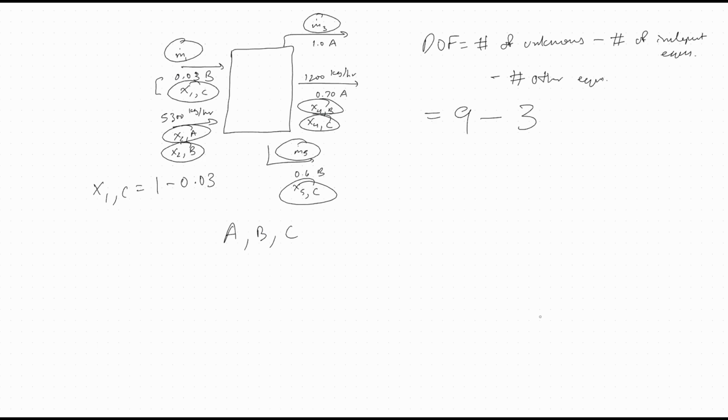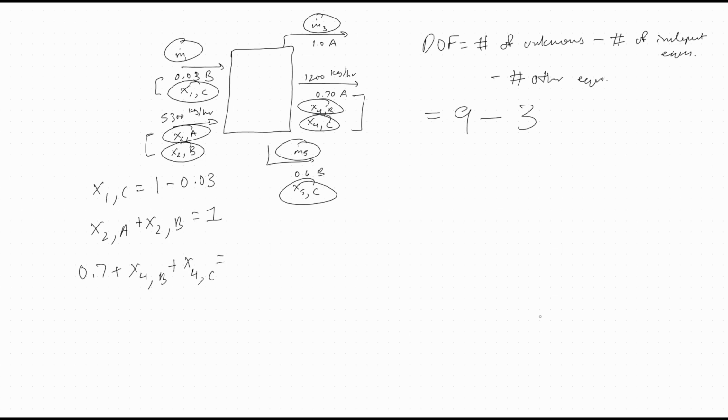Another equation we can write is for these two. We know that x2A plus x2B is equal to 1. So those are related. Likewise, we can do an equation here. So we have 0.7 plus x4B plus x4C is equal to 1.